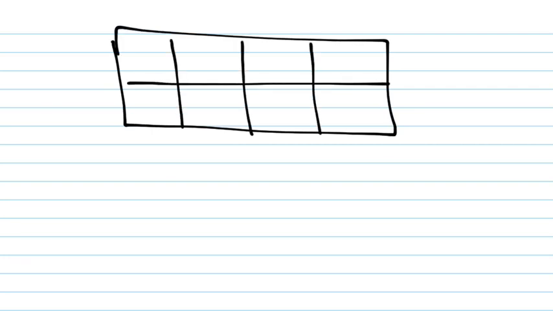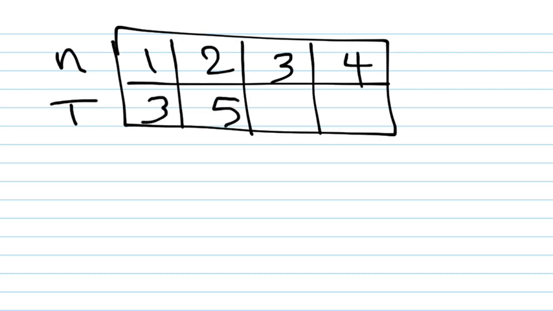So, say for example, we have our table, and we have n's, we have t's, we have the first, second, third, and fourth. Say this is 3, 5, 7, 9. Okay?